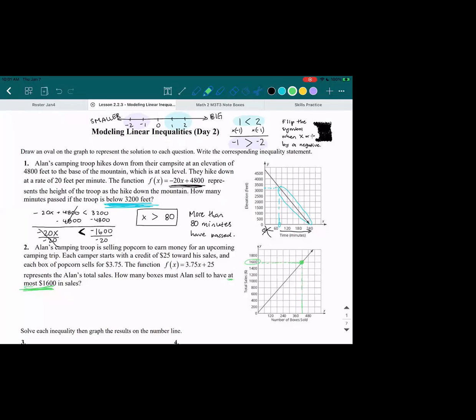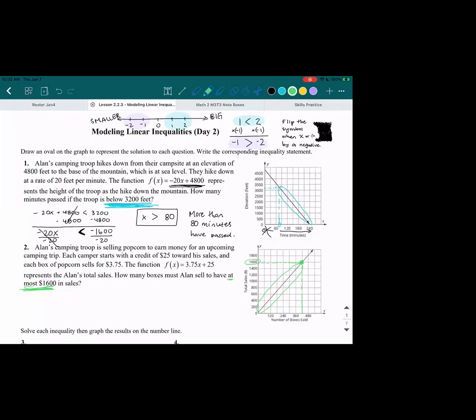And if we want him to have at most 1,600 in sales, that means you don't want him to have more than that for some reason. You want him to have 1,600 or less. So I'm going to circle the bottom. So we just circled the bottom part to represent him having at most 1,600 in sales.